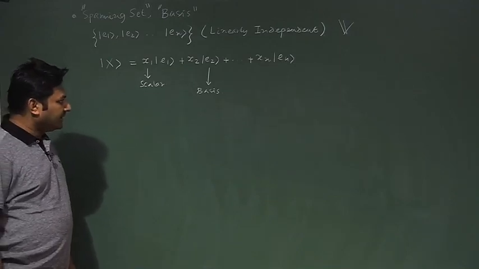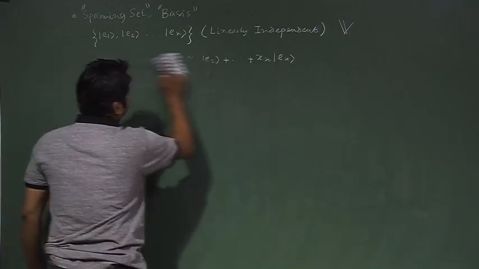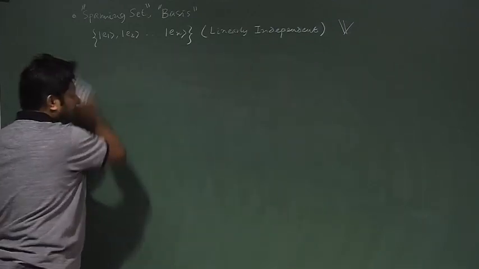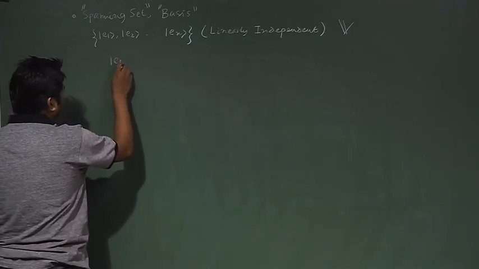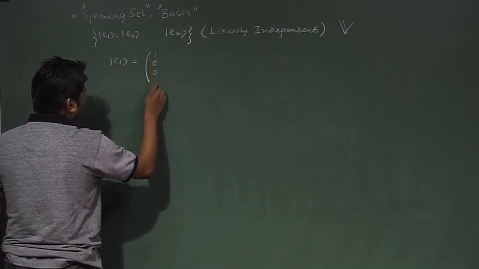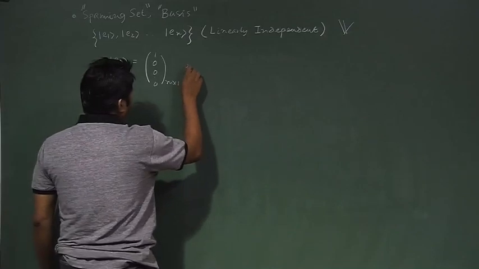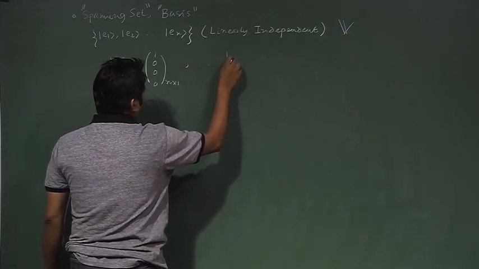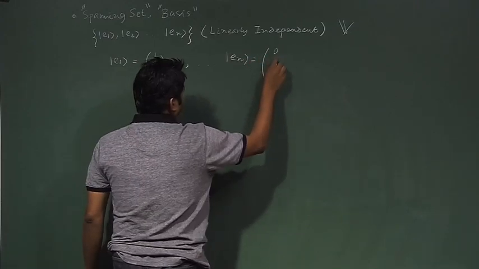Now, the next question is, we also define something in terms of this n-tuple notation. Say E1 is an n cross 1 column matrix, and in this way I represent En.